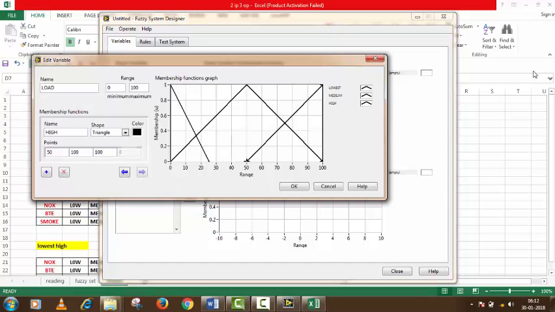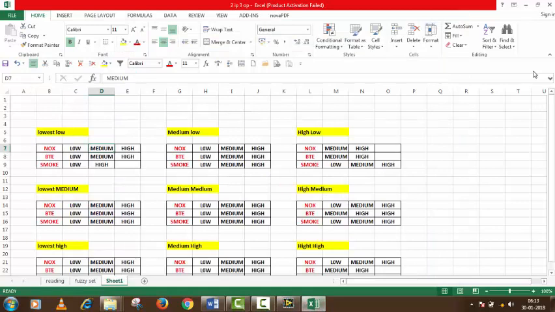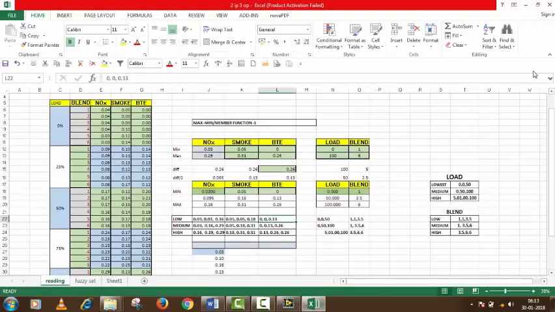Going to the previous lowest, the membership function starting point is 0, and the second point is 0, then 50. Let's check it here. 0, 0, 50.